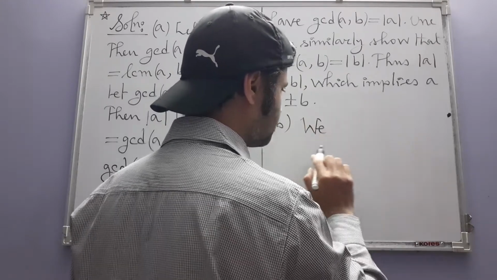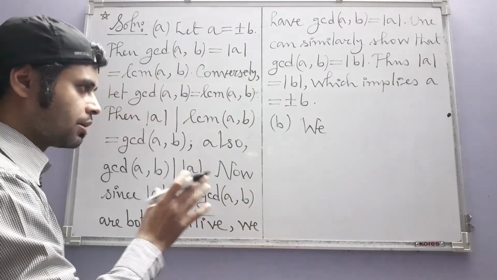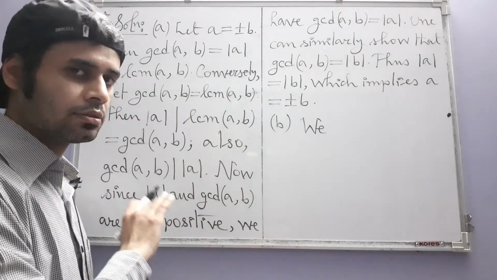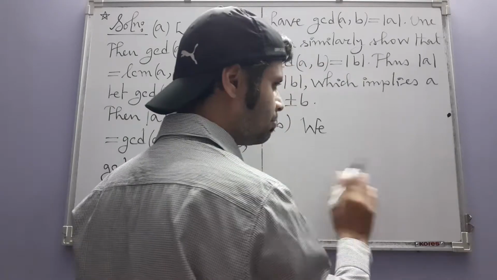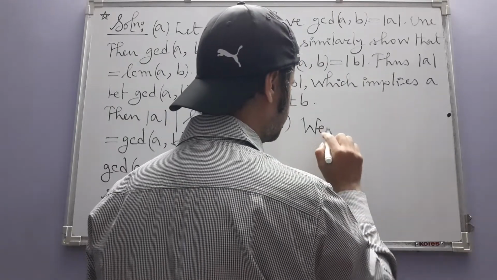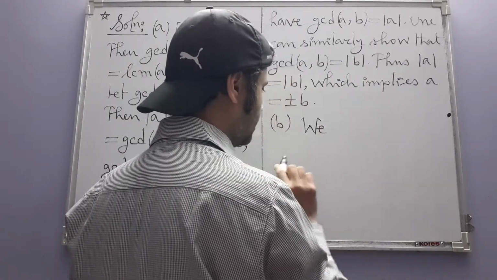And along the way, of course, we have to use one of the results that we have already seen in the text. When we use it, we will recognize what we are using. So I am not going to write anything extra.